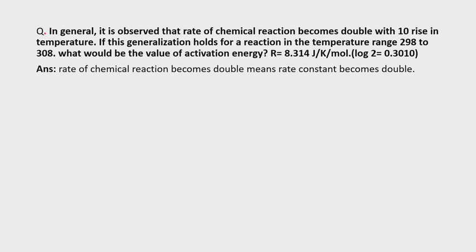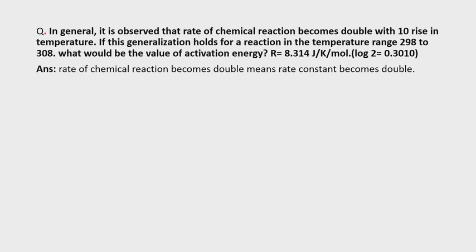Next question. In general, it is observed that rate of a chemical reaction becomes double with 10-degree rise in temperature. If this generalization holds for a reaction in the same temperature range, 298 to 308, what would be the value of activation energy? R is given and log 2 is given. Check the answer.